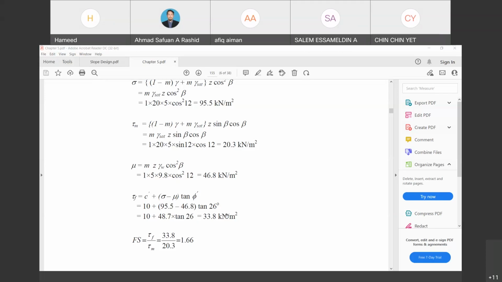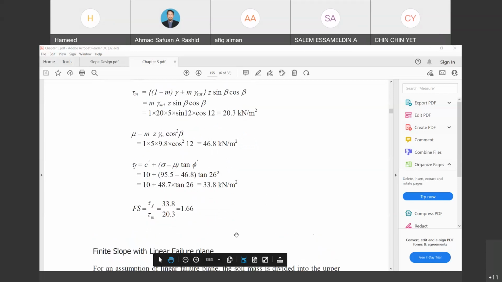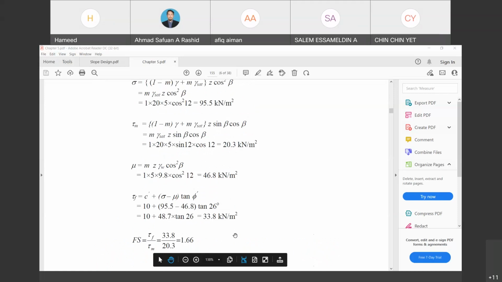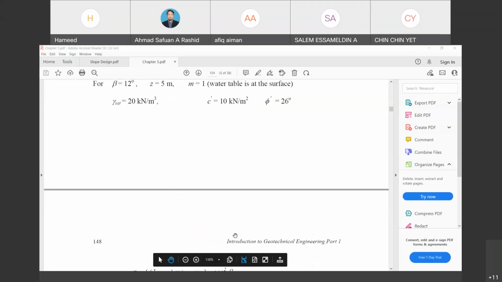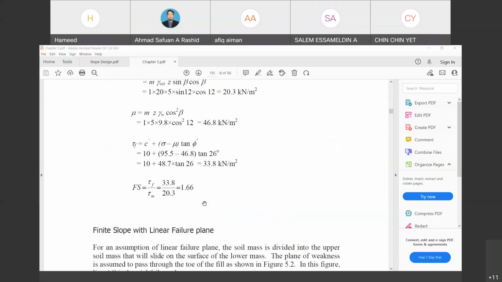So by dividing 33.8 by 20.3, the value for the factor of safety for this case is equal to 1.66. So that is an example using the M approach. However, it is straightforward because we use M equal to 1. Later on we may try this approach on another example. So then we obtain 1.66.